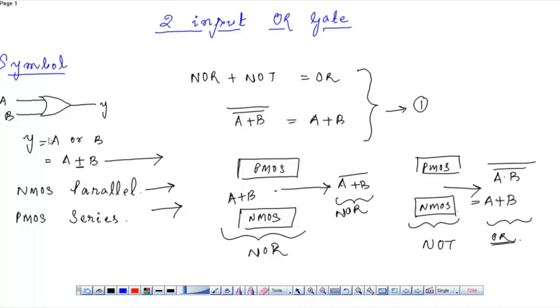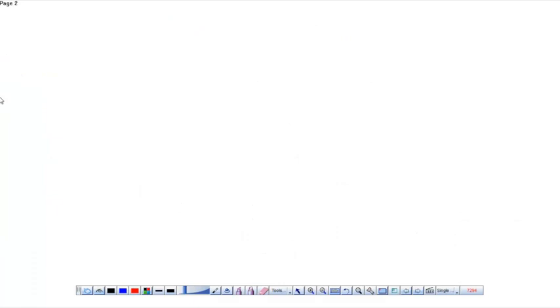Now let's see the schematic. Let's draw the schematic using this rule. This will be our schematic 1. Since we will draw the twisted diagram also. So this is my schematic 1.